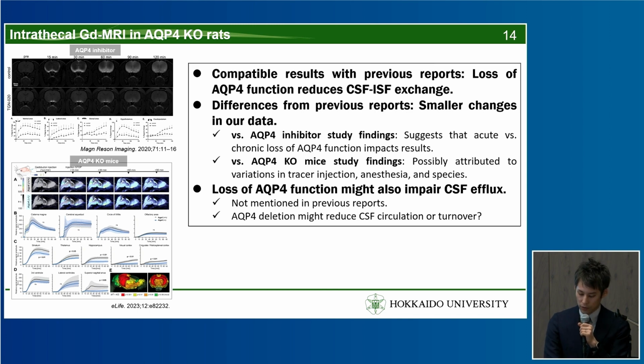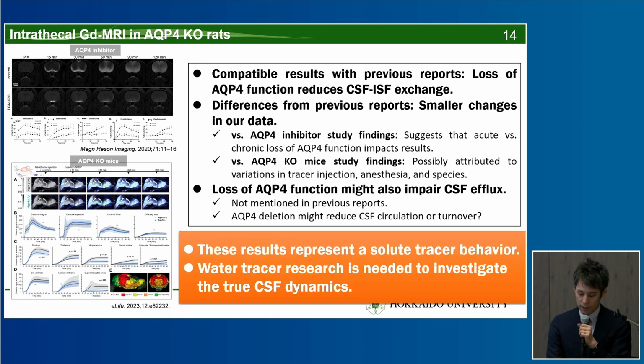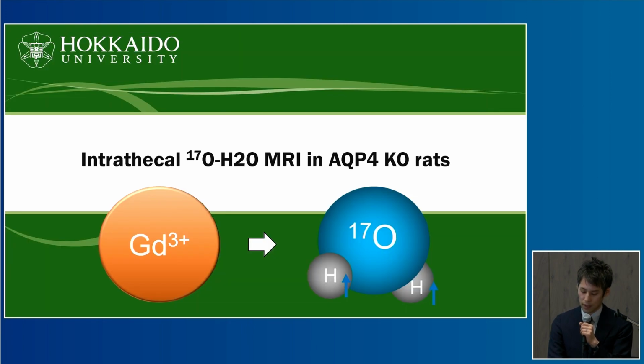We consider that this might be related to the acute or chronic nature of the loss of AQP4 function, or differences in experimental techniques such as tracer injection parameters or anesthesia. These results represent the solute tracer behavior, so water tracer research is needed to investigate the CSF dynamics.